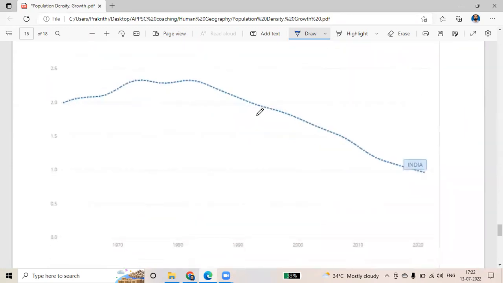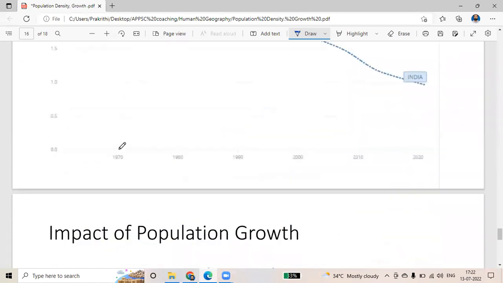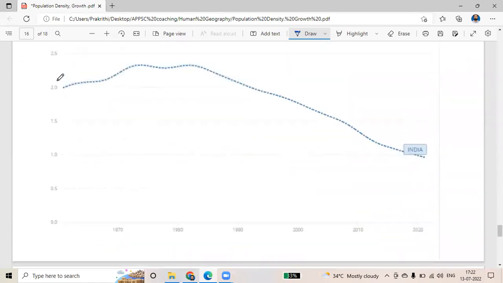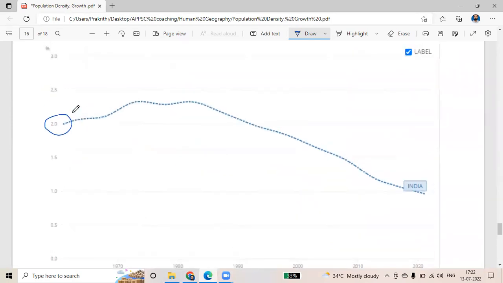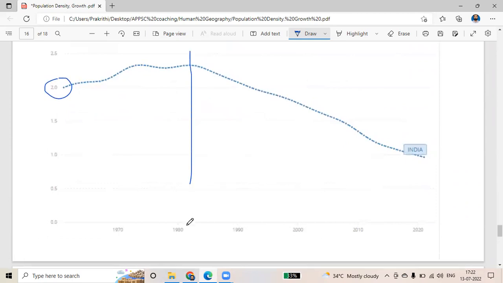If you look at the population growth rate of India, during the 1960s it was 2% growth rate. Again it grew higher and higher. This is the highest level, during the 1980s, and in the 80s there was a very large population growth.